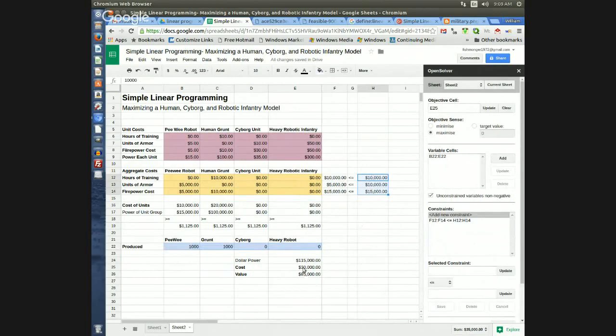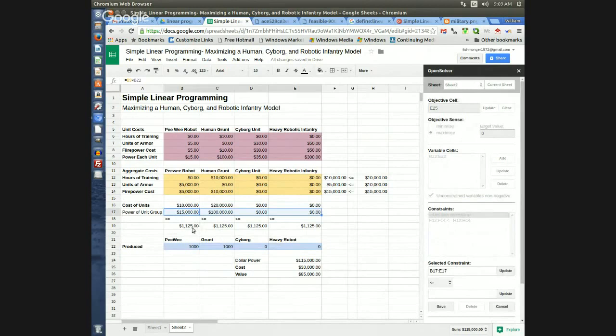But what if I want to maximize firepower in relation to this entire model? And we want to have that affirmative action for cyborgs and whatnot. All right, so let's go to power units. We're adding a new constraint. So that's going to be right there, right?